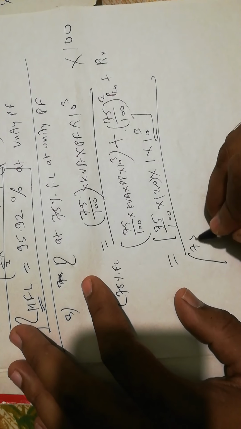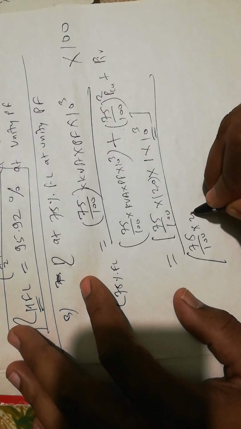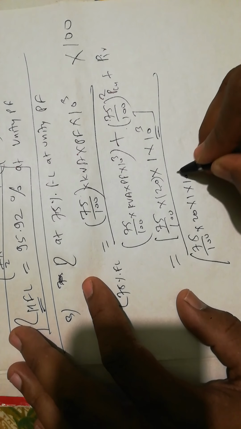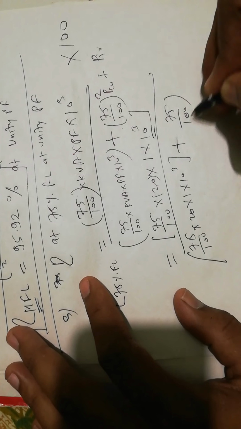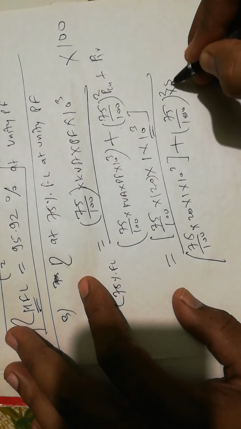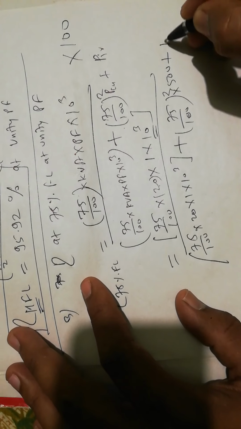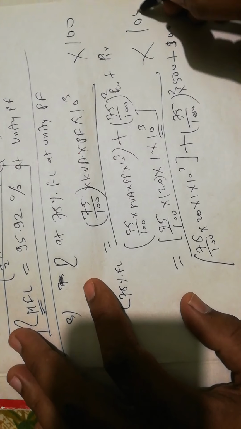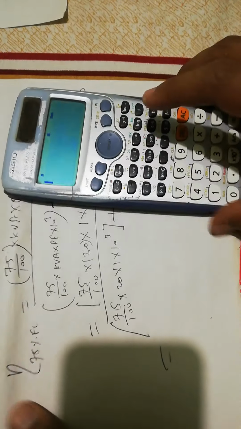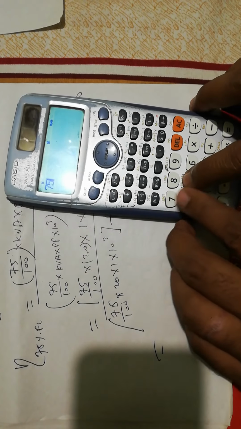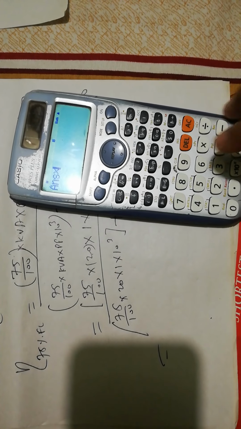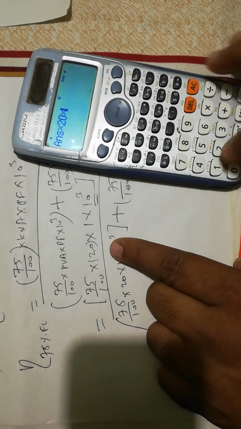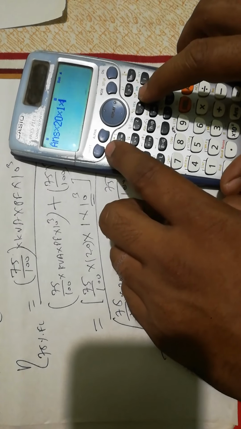Same value: 75 by 100 into 20 into 1 into 10 to the power 3, plus 75 by 100 square into copper loss, which is 500 watt, plus iron loss which is 300 watt, into 100. On the calculator, this is 75 by 100 into 20 kVA, unity power factor, 10 to the power 3.